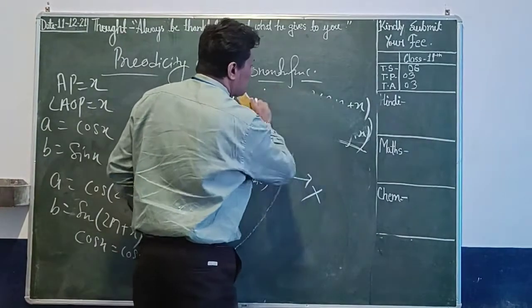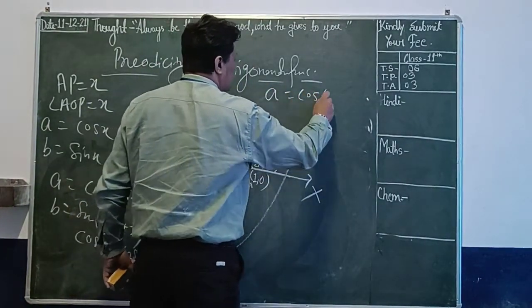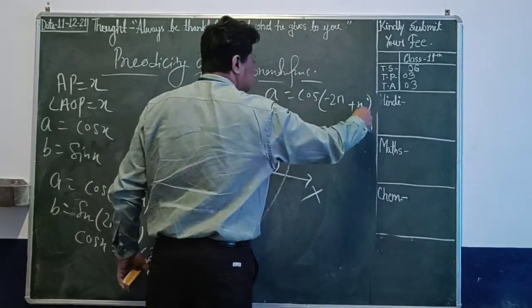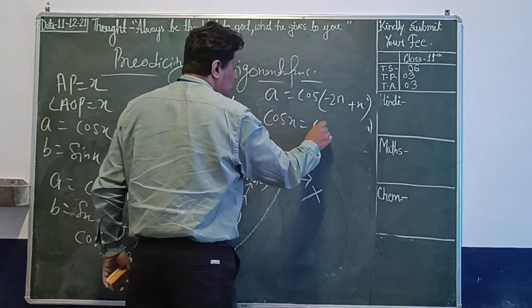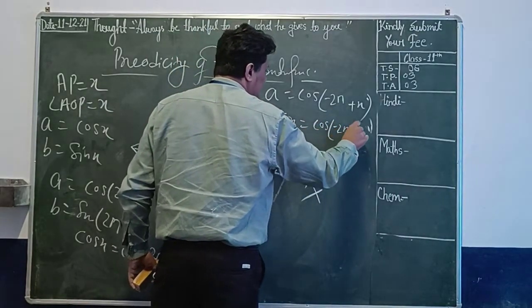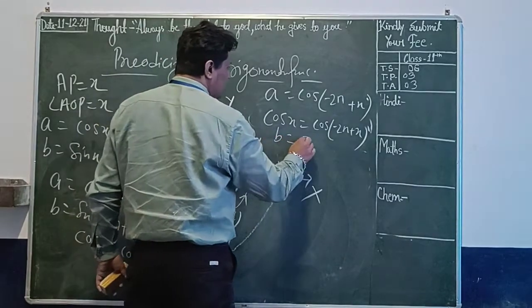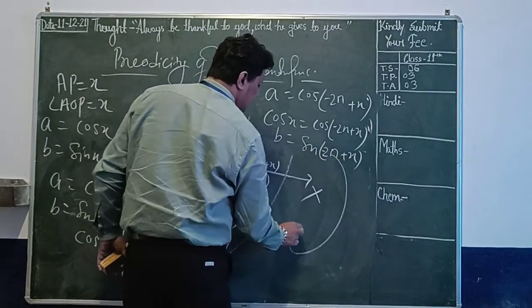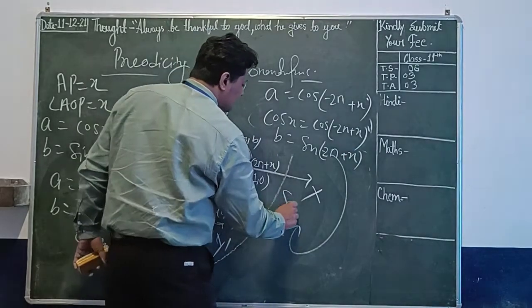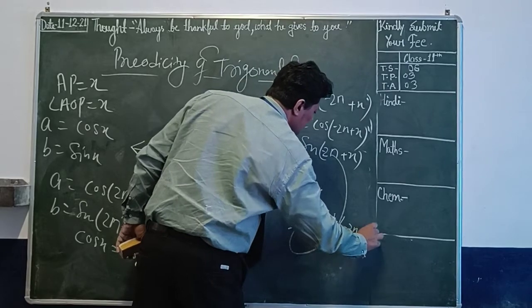If a equal to cos of minus 2 pi plus x, put the value of a: cos x equal to cos of minus 2 pi plus x. Means this one is again periodic. Is it clear? b equal to sine of minus 2 pi plus x.